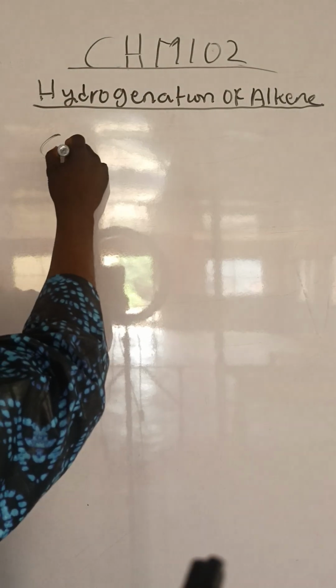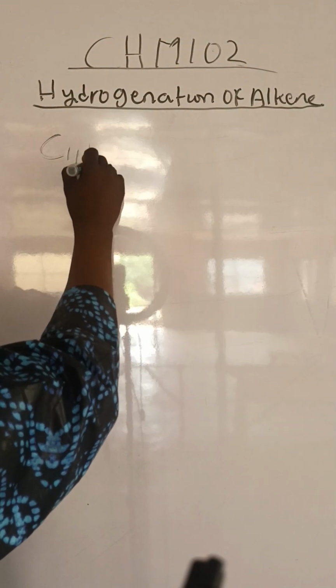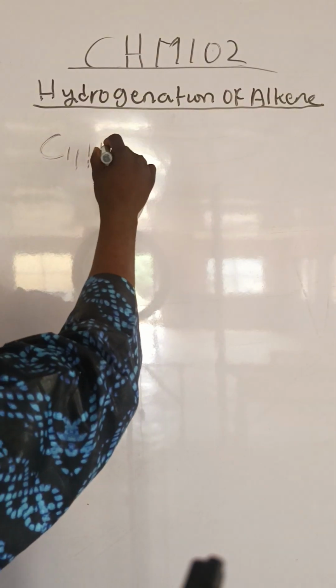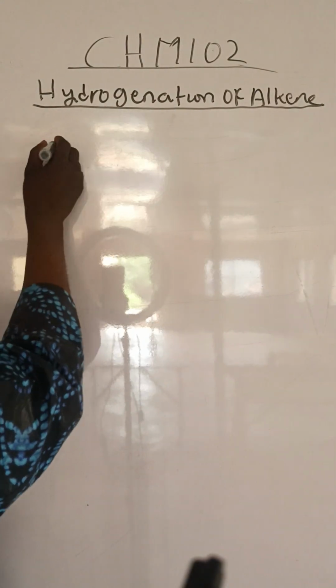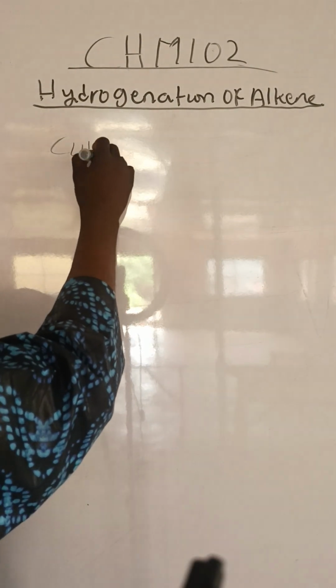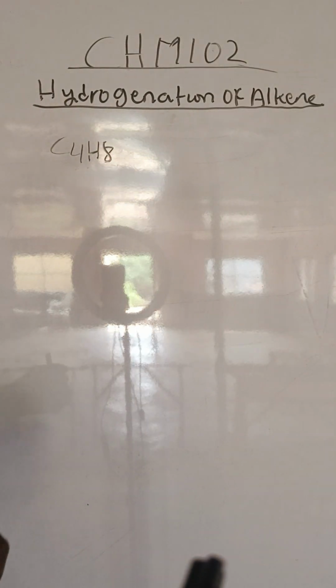So let's consider C4H8. Whenever you see C4H8, we call it butene. C4H8 means butene.